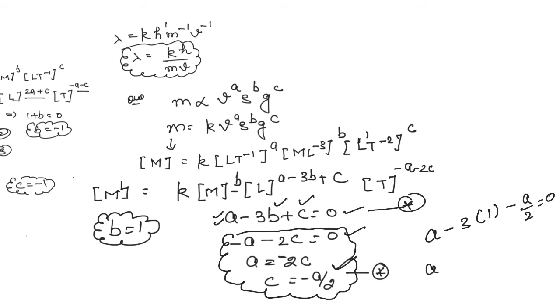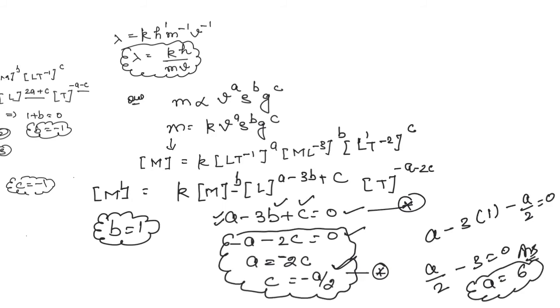So a minus 3, class, if you combine a minus a by 2, you are left with a by 2 minus 3 equals 0, so a equals 6. Can you notice, class? So a is 6.